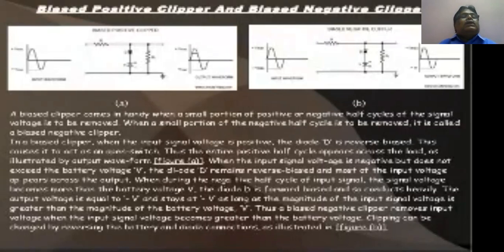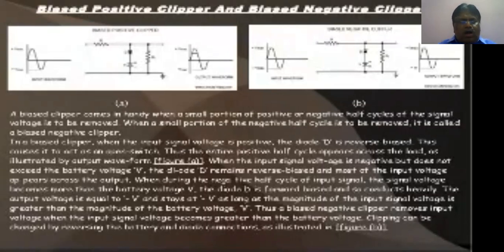Next, biased positive clipper and biased negative clipper. Please remember, biased means a battery is compulsorily connected. A biased clipper comes in handy when a small portion of the positive or negative half cycles of the signal voltage is to be removed.